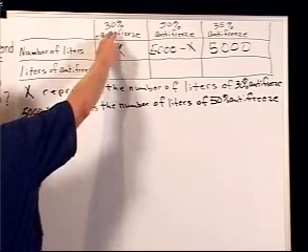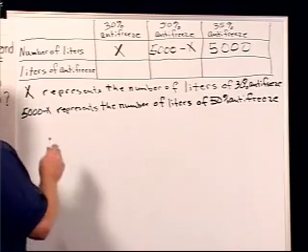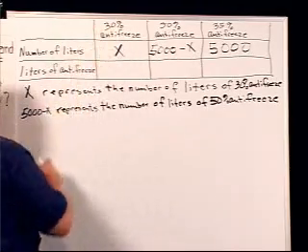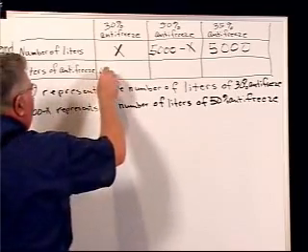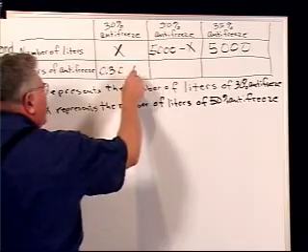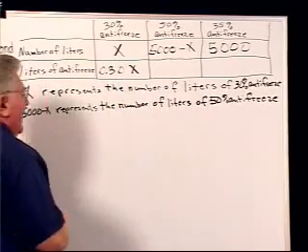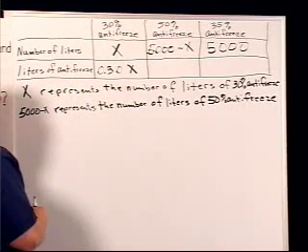Well, how much antifreeze do I get from this 30% solution? To know that, I need to change the 30% into its decimal form, which is 30 hundredths. And if I multiply that times x, that is how much antifreeze is in x liters of 30% antifreeze solution.